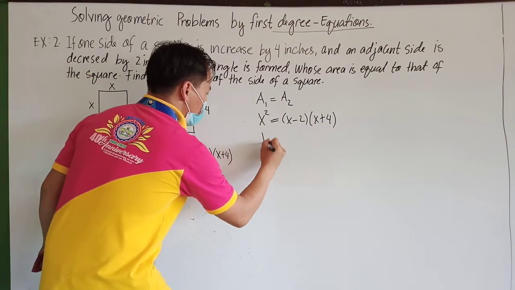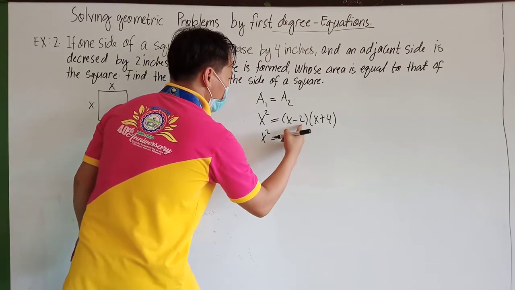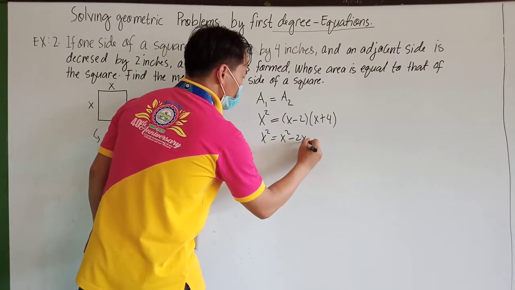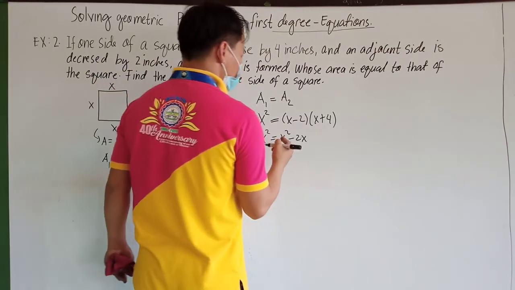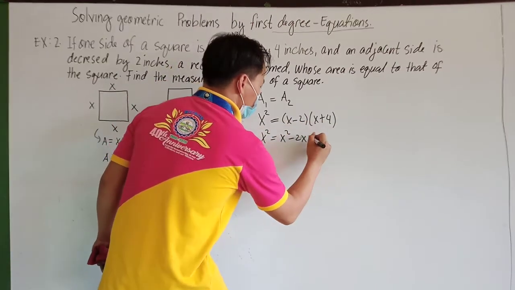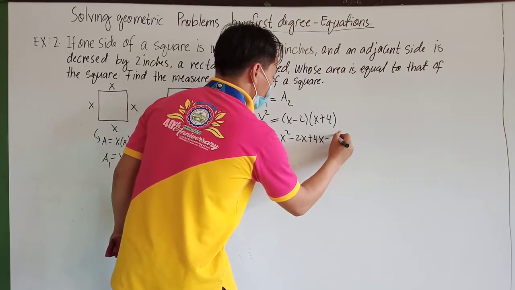Then we simplify: x times x is x squared, negative 2 times x is negative 2x, 4 times x is positive 4x, and negative 2 times 4 is negative 8.